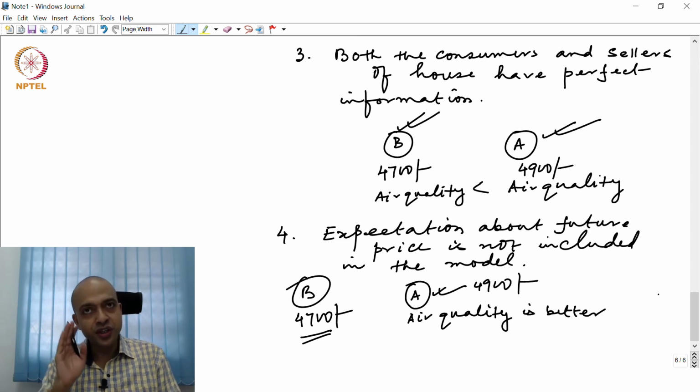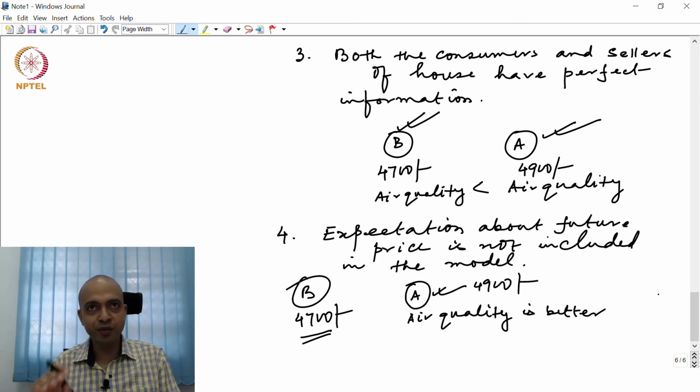Right? So this is the first approach within the category of revealed preference approach, wherein consumers' preference for the environment is already revealed through a related market, which is housing in this example.